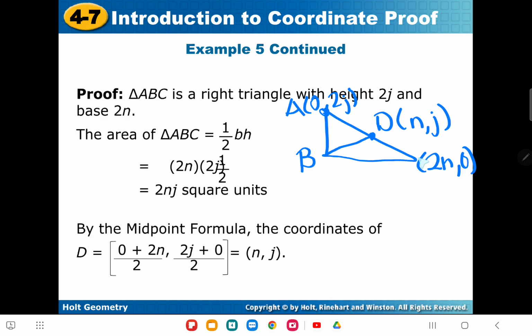Okay, so this area is going to be 1/2 times 2j times 2n. That's my area of ABC. It is 2nj as shown here.